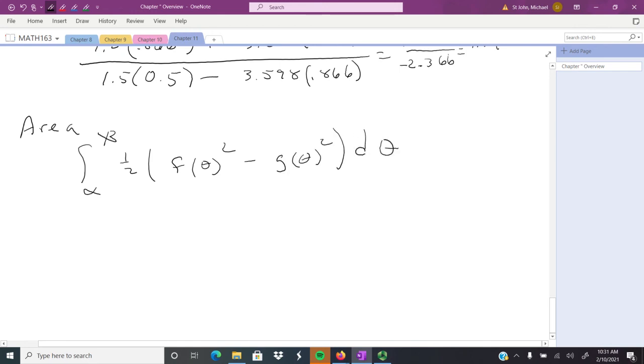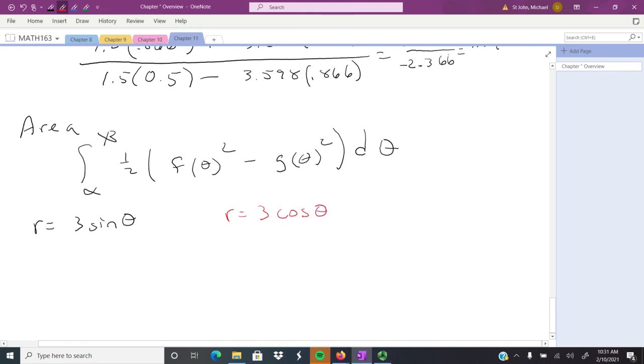So, for example, let's say we want to work with r equals 3 sine theta and r equals 3 cosine theta.